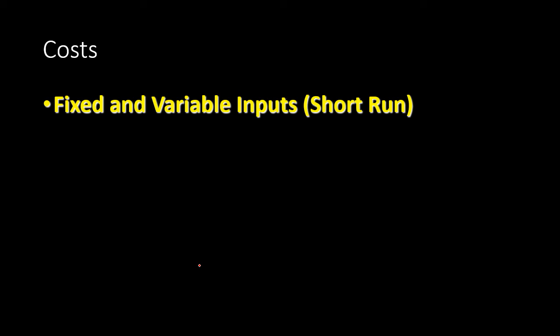So I have what we call fixed and variable inputs. We're talking here about something that economists call the short run. If I have fixed and variable inputs, I'm in the short run. A fixed input is an input that doesn't change regardless of the quantity.